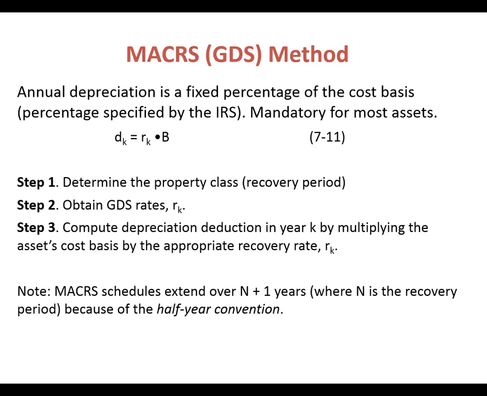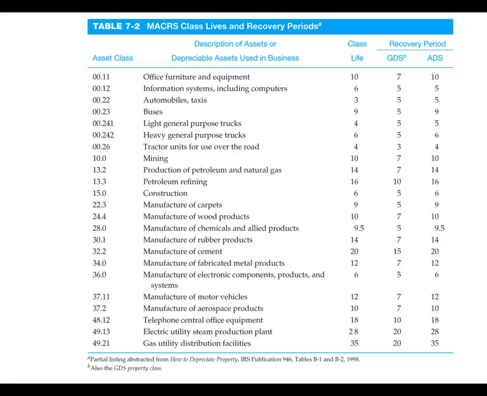But here's a table that shows the different equipment categories and how long they estimate things will last. This is table 7.2 from the book. So it says, for example, equipment that's used in construction has a class life of 6 years, but if you go according to the GDS schedule, which is what we'll use, it's depreciated over 5.